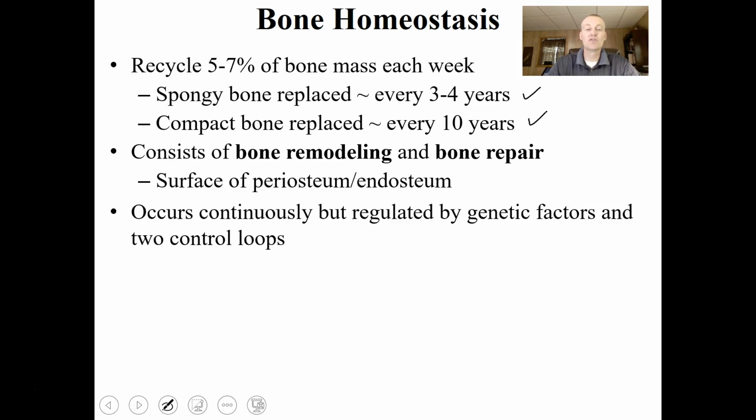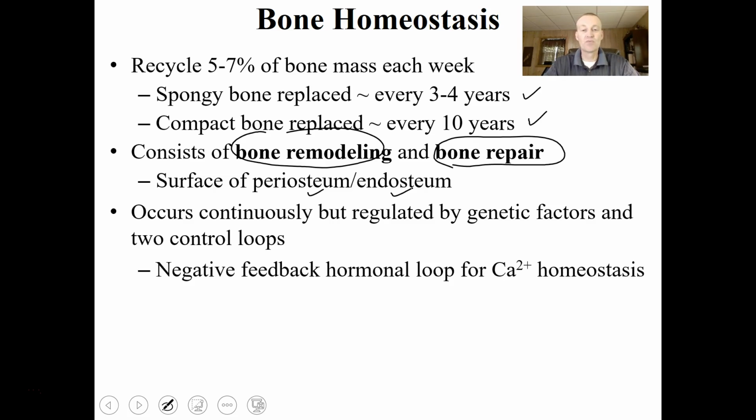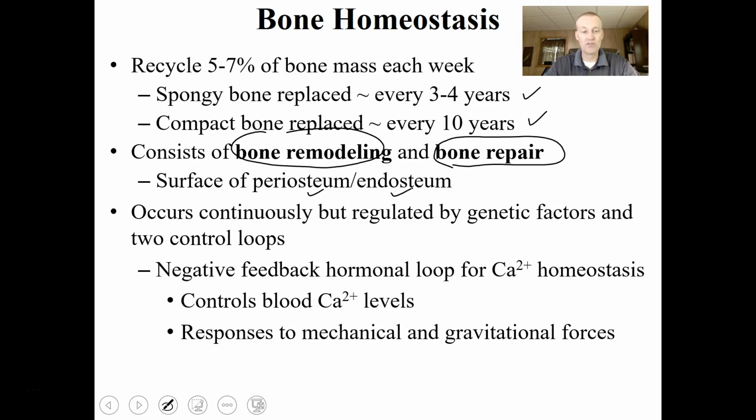In regards to this changing of the materials, you do have bone remodeling or reshaping and bone repair. This is accomplished by the surface of the outside of the bone and the surface of the inside of the bone, the periosteum and endosteum. It's regulated by genetic factors and it's continuously done. And we do have feedback loops that will ensure that this actually happens.